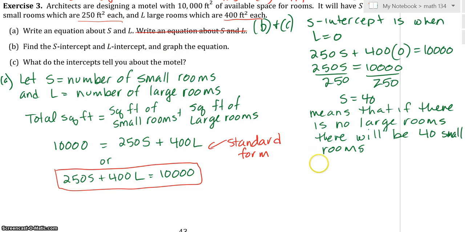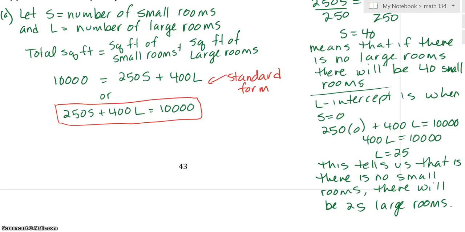What is the L-intercept? The L-intercept is when S is 0. Go ahead, try that. So the L-intercept is when S is 0, like we said. If I plug in a 0 for S into the equation in part A, this first term goes away, and you'll just get 400L equals 10,000.